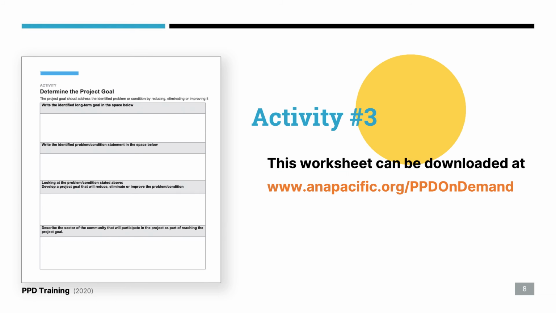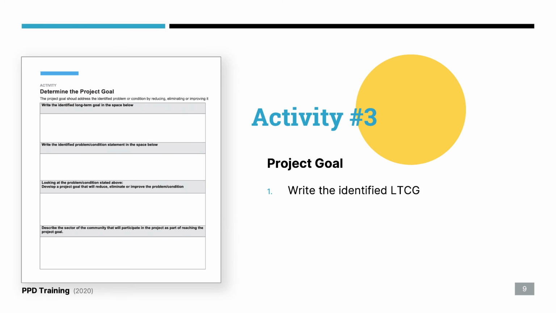So if we look at activity 3 in the worksheets, you can go ahead and write down the previously identified long-term community goal, as well as the current community condition that you identified.